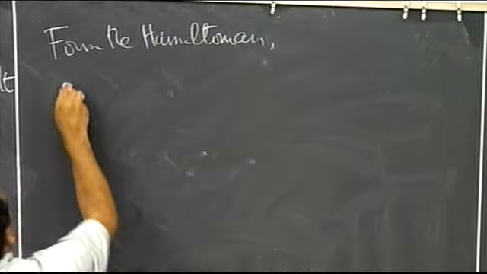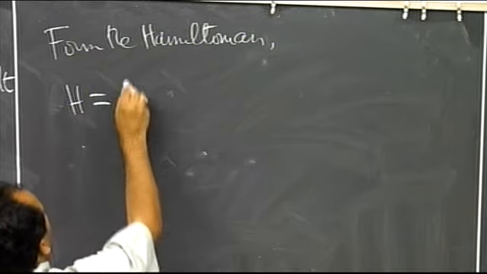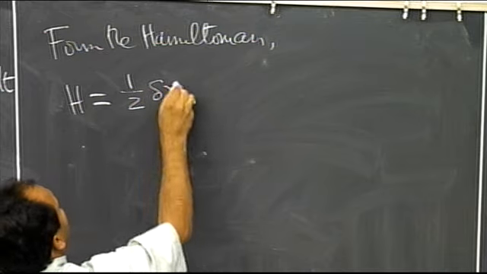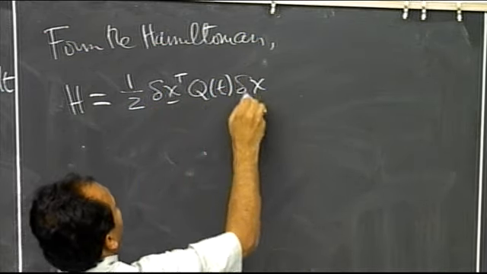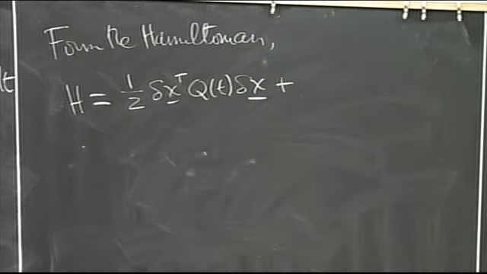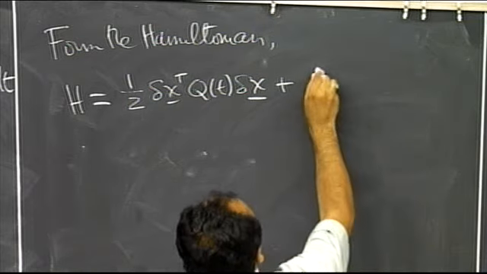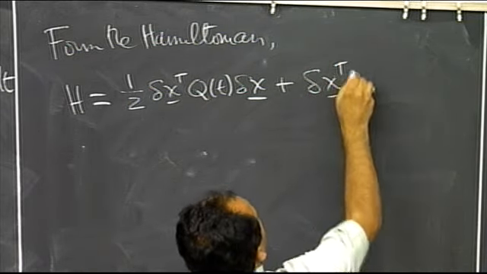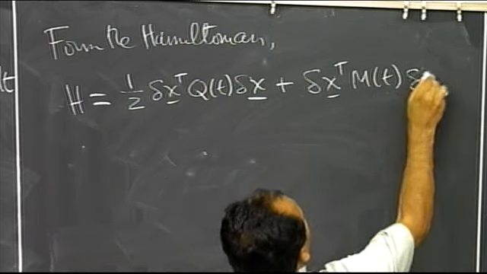Which is H is L plus lambda transpose F. If I write L out, I've got 1/2 delta x transpose Q of t delta x plus, and now I've got two of these. You've got a delta x transpose M, and a delta u transpose M transpose delta x. So you basically get two of those, which gives you a delta x transpose times M of t times delta u.